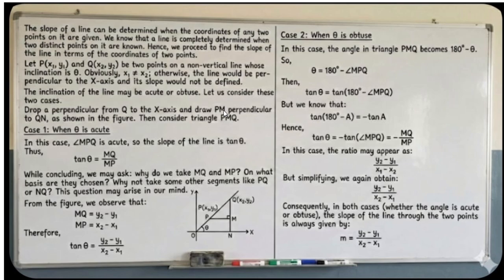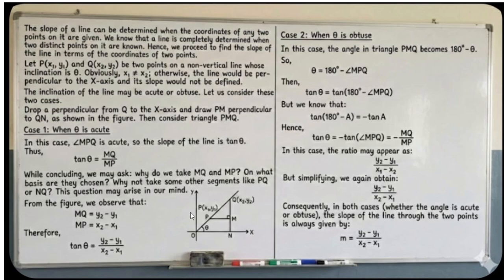Slope is constant throughout the line, therefore it can be determined by the change y2 minus y1 divided by x2 minus x1. The reason we divide y2 minus y1 by x2 minus x1 is that we want the rate of change of the dependent variable per unit change in the input, that is the independent variable x.